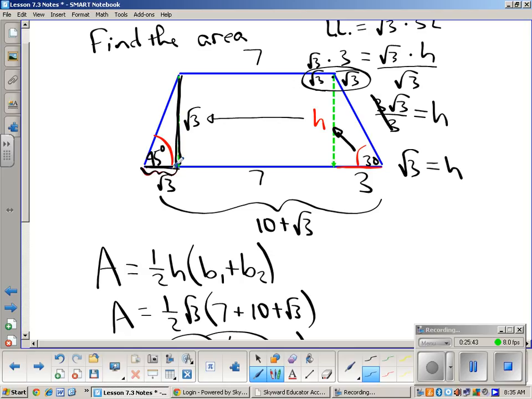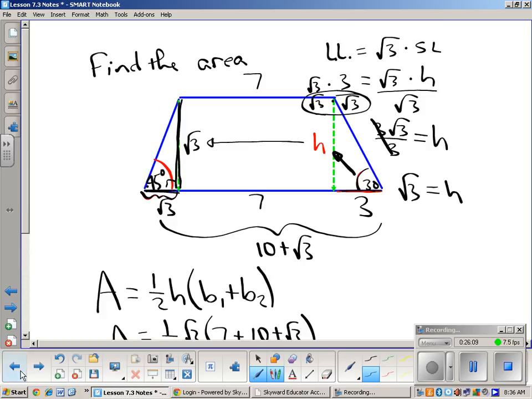They have to be, because that's a 45 and that's a 90. Okay? And over here, if this is 30, then this is the short leg, and this is the long leg. Alright? You have to use that information to find your area. Okay? Alright.